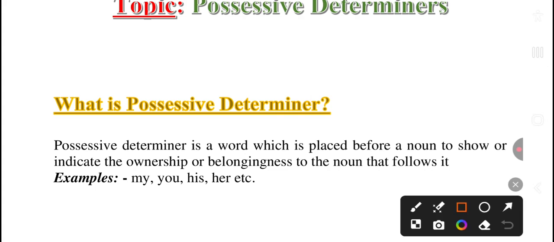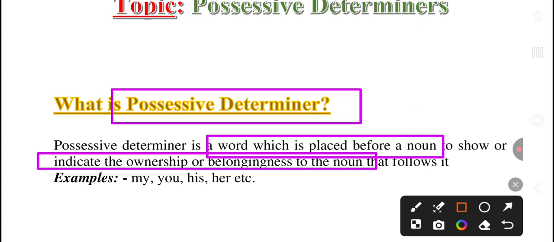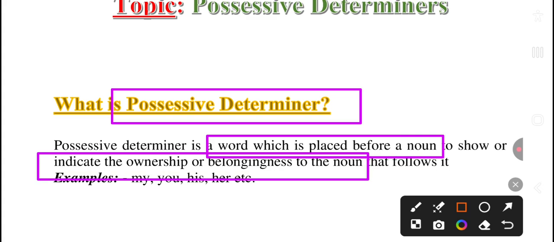At first, we should know very well what a possessive determiner is. A possessive determiner is a word which is placed before a noun to show or indicate the ownership or belongingness to the noun that follows it.